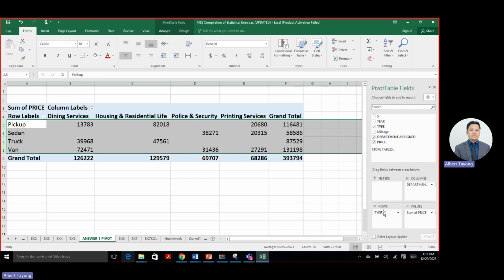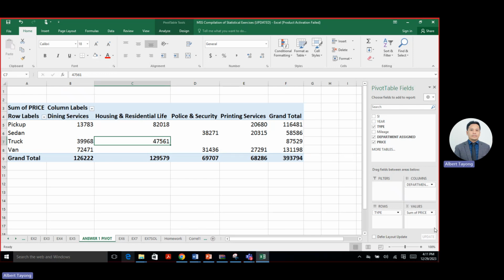That is under the rows. So that's the beauty of this. In reality, as mentioned in the class, you can play with the variables, with the titles, based on the report that you require. It's up to you. You can change, you can tick and untick.